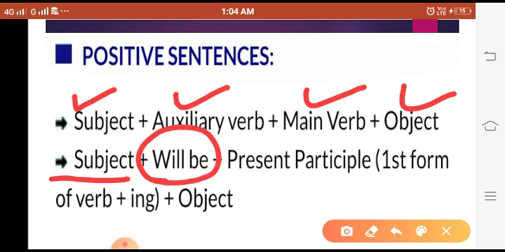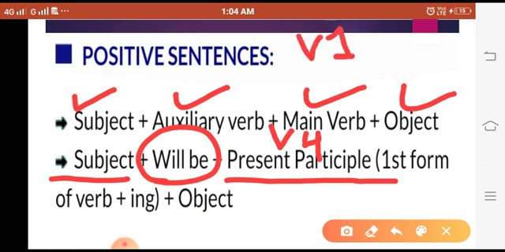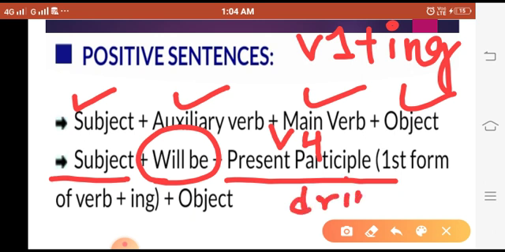Then we use present participle form of the verb, which is also known as fourth form of the verb, that is formed by adding ing to first form of the verb. For example, eat plus ing, eating, drink plus ing, drinking.